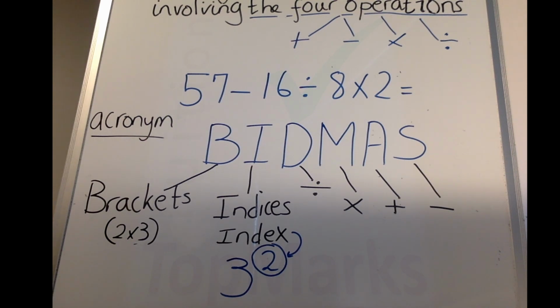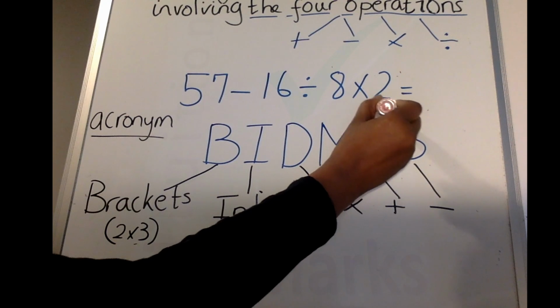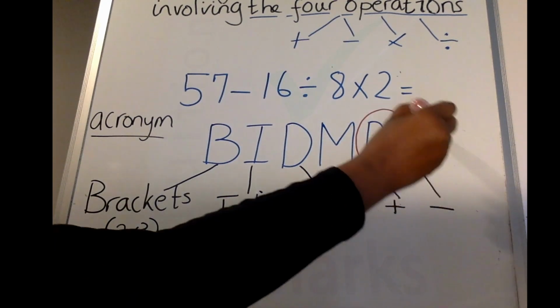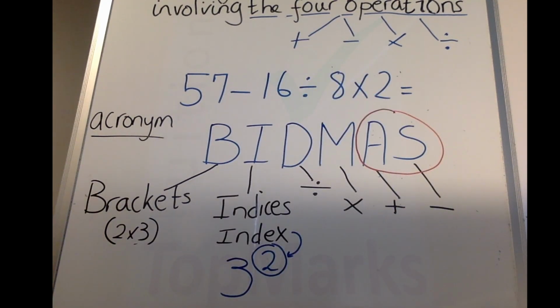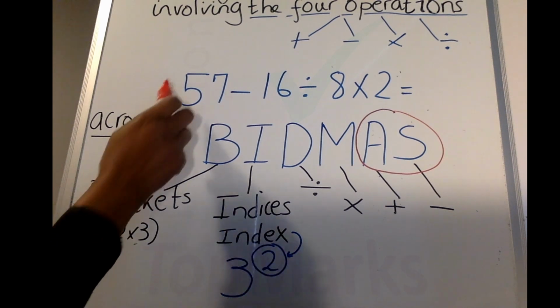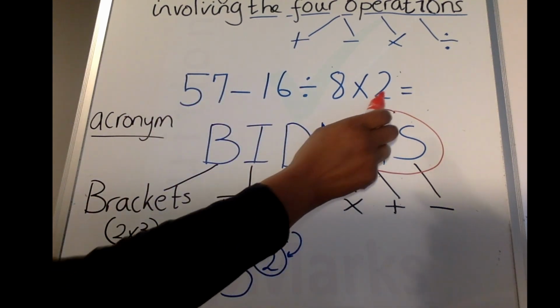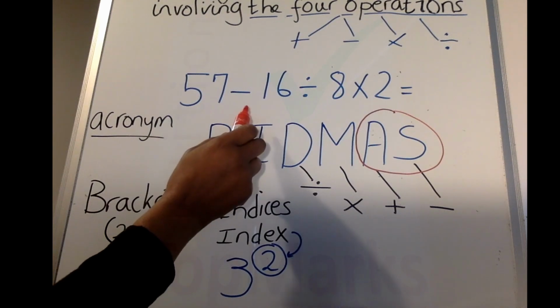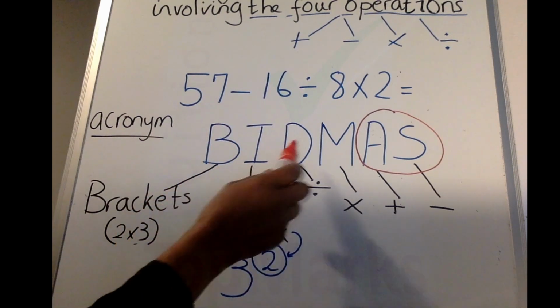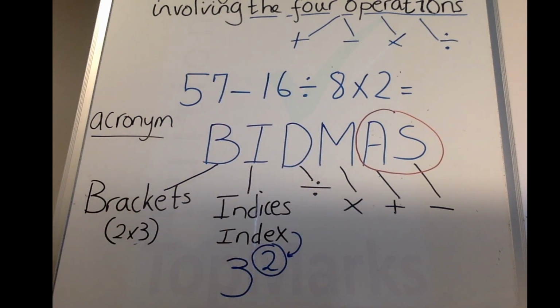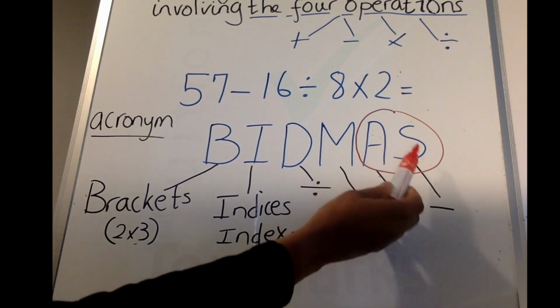Now, like many things in maths, there are always exceptions to the rule. And the exception here is when we are doing the addition and subtraction calculations within a longer calculation. The order of operations suggests that we do addition and then subtraction.